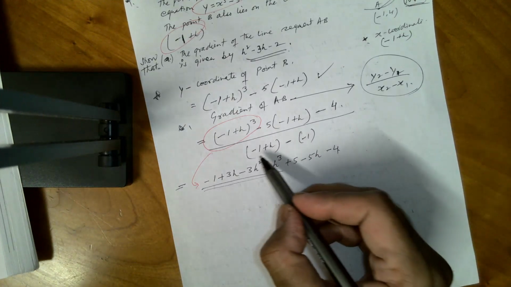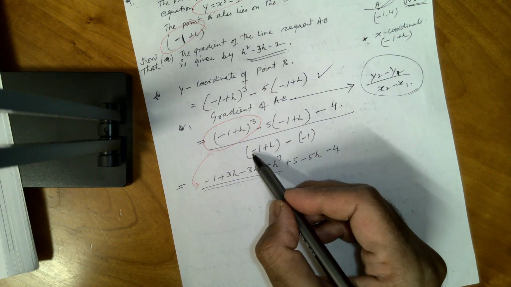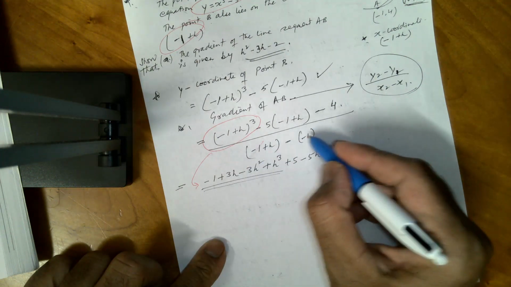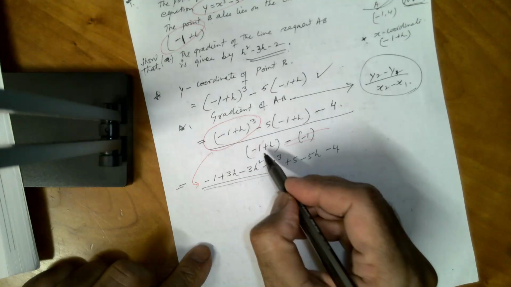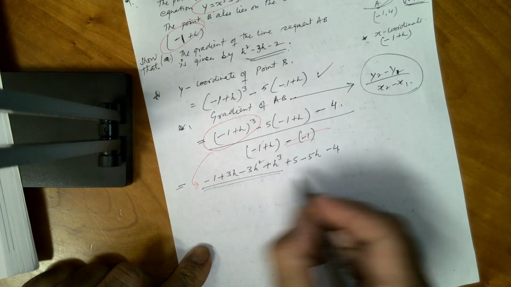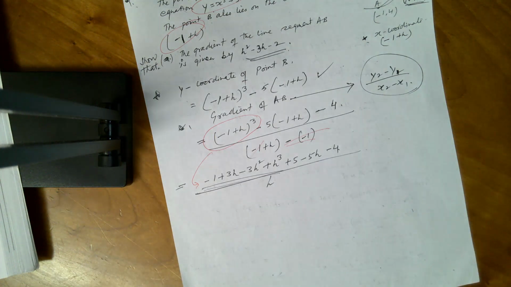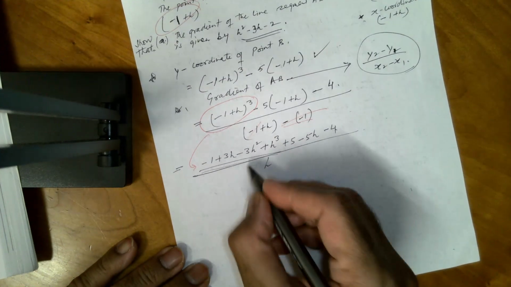In here this minus and minus is plus, and that's minus here, so that will cancel out this. Once you open that, that will be cancelled. What you have now is only h. Okay, clear?